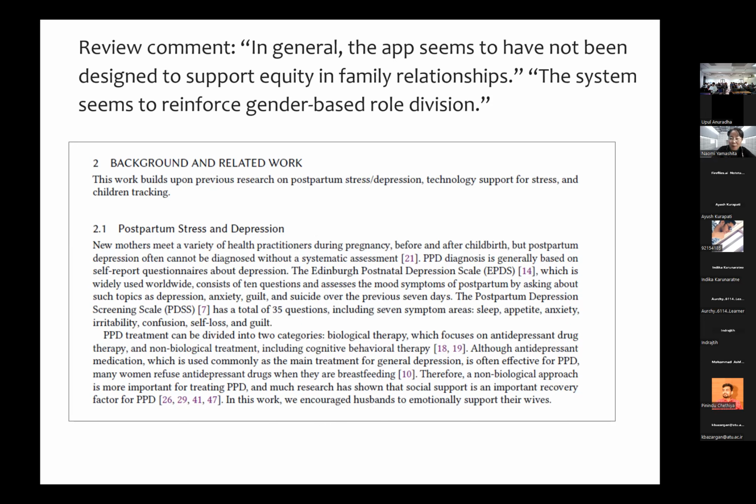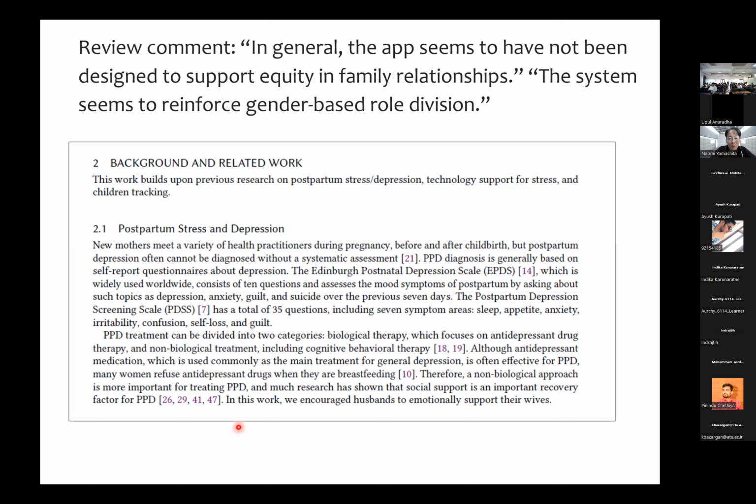This imbalance, this asymmetry, is already embedded in our society, and we wanted to balance it by introducing an asymmetric tool. But it was difficult to get this understood by some reviewers. So it became really important for us to explain the cultural context in the paper.